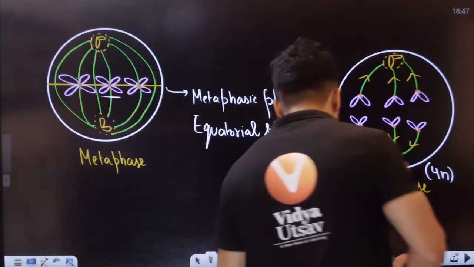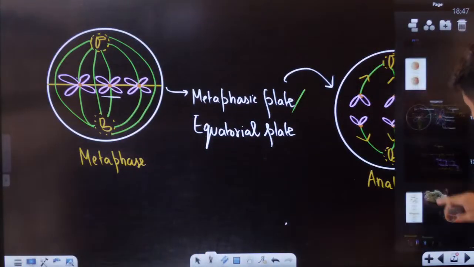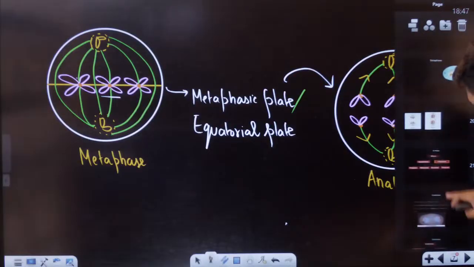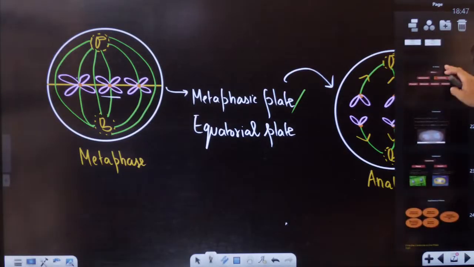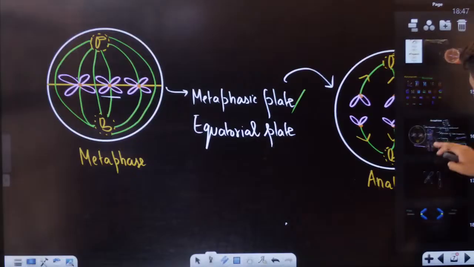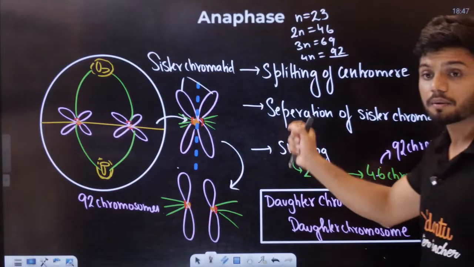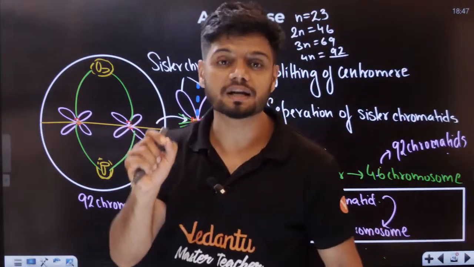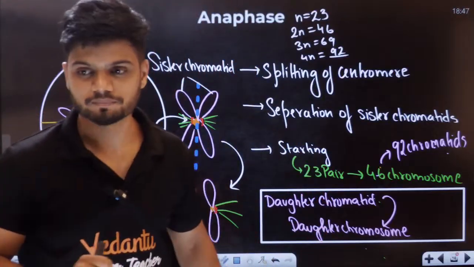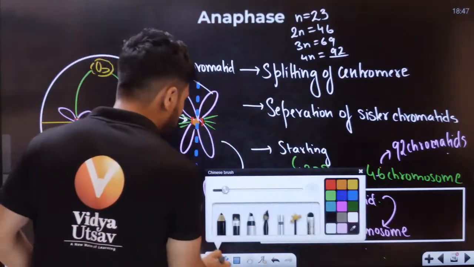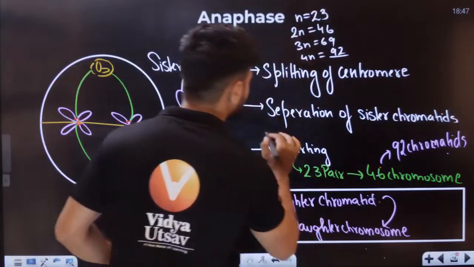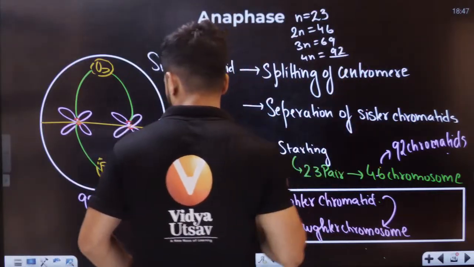Now, students, I want all of you to understand, in this anaphase, after the splitting, this is the best stage to study chromosome shape. Actually, it is the best stage to study the chromosome shape.